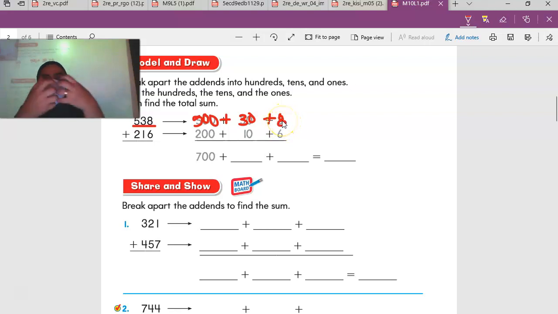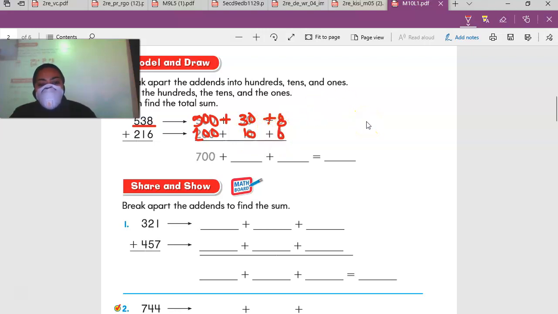That means stretching the number out, expanding the number, expanded form, okay? So 500 plus 30 plus 8, and then 216 in expanded form is 200 plus 10 plus 6. Very good.